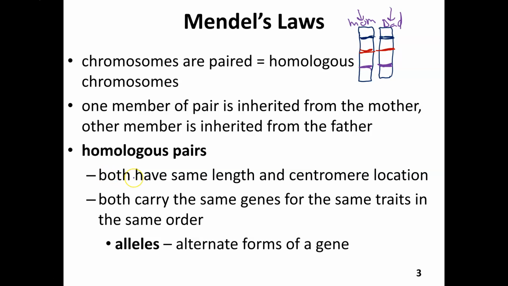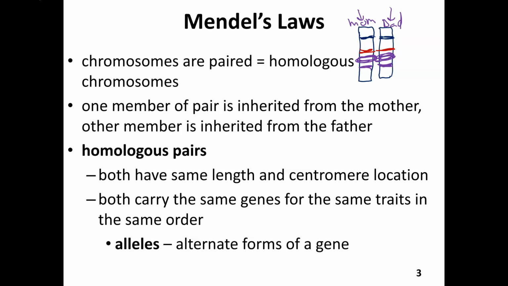They have the same genes for the same traits, and those genes are going to be found in the exact same spot. The other thing that they're going to have is a specific centromere location, and so I'll just make a little area like here. This could be a centromere position. That's where those chromosomes are going to attach to each other when we have division. Okay?